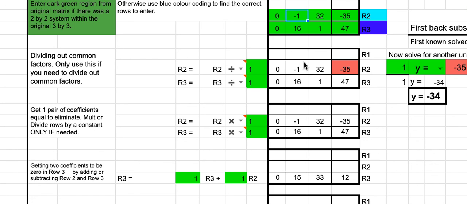Nicely, I've got a negative 1 there, so I can multiply the first row by 16. Oh, that's the common factor one. Sorry, folks. You can see I do that quite a bit. You still need to have the common factor part there. So now what we want to do is multiply row 1 by 16. I've done that.